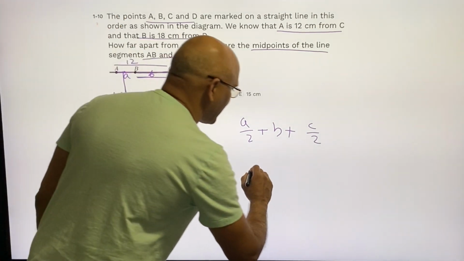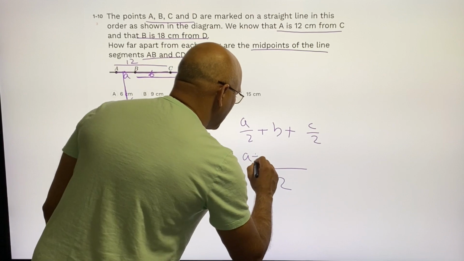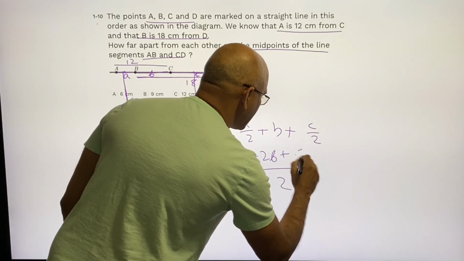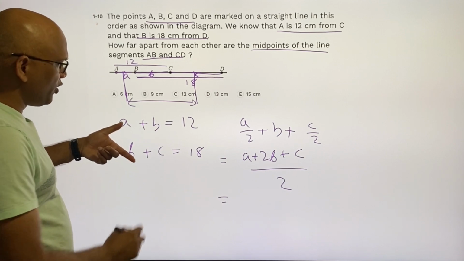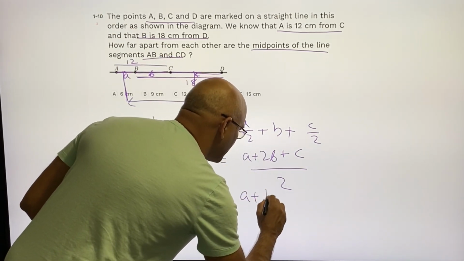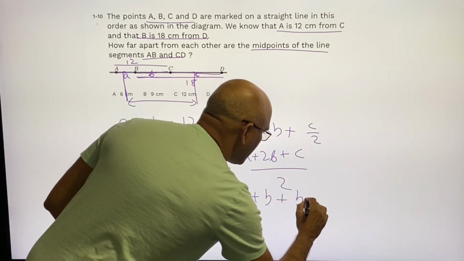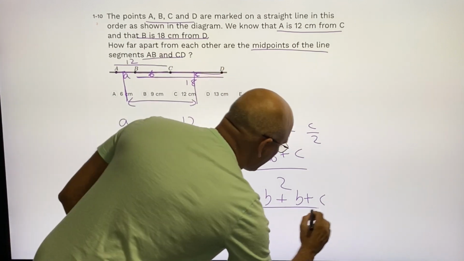So one thing I can quickly see is I can take the common 2, then a plus 2b plus c over 2, which again I want to somehow use, right? So I can split 2b as b plus b. So this is a plus b plus b plus c, over 2.